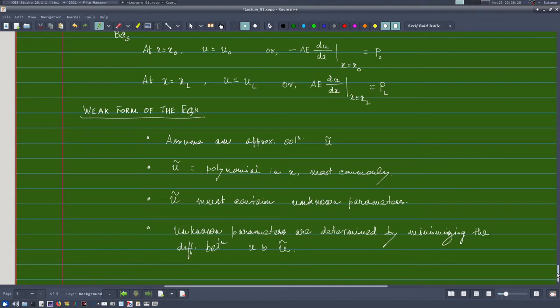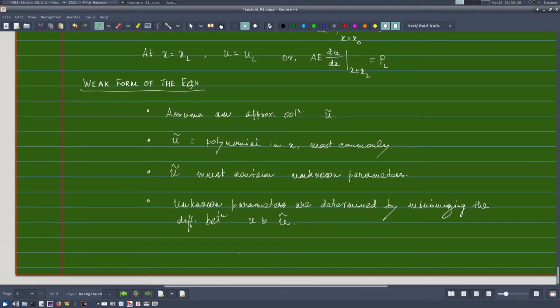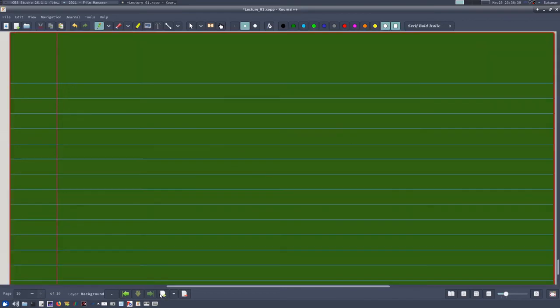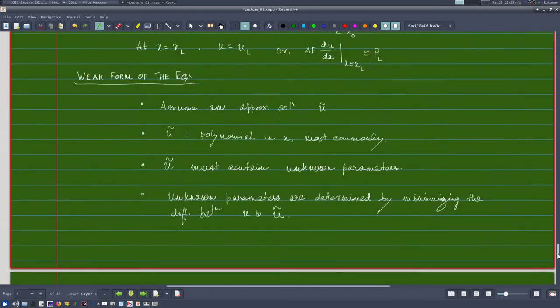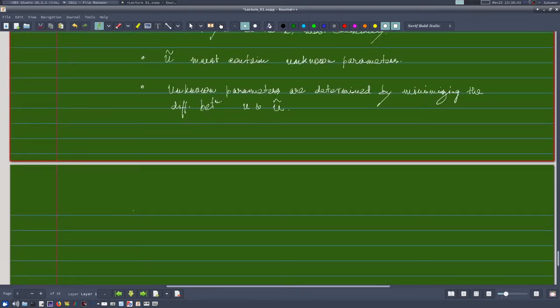Now suppose let us take an nth order polynomial for this approximate solution. So let's assume U tilde to be some polynomial, say A0.